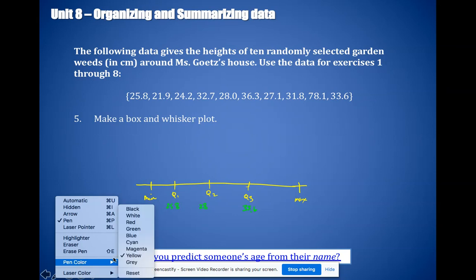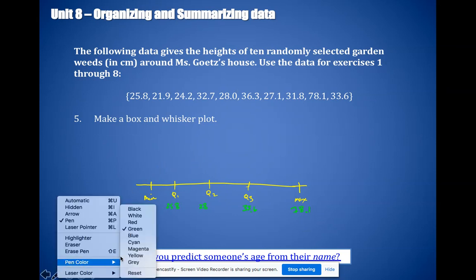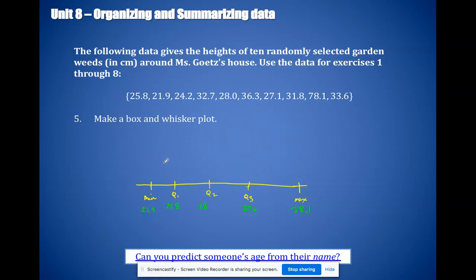Also, if you don't know how, Google it: once you enter all this data into, for instance, L1, you can operate on the list and order it from least to greatest. You're allowed to use your calculator and its capabilities to draw this.